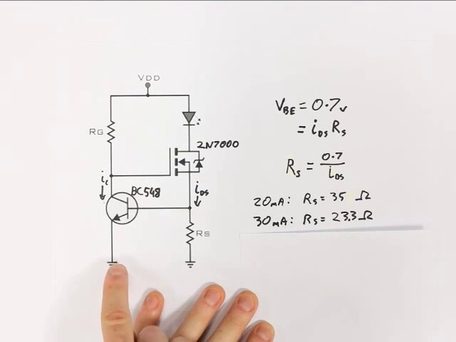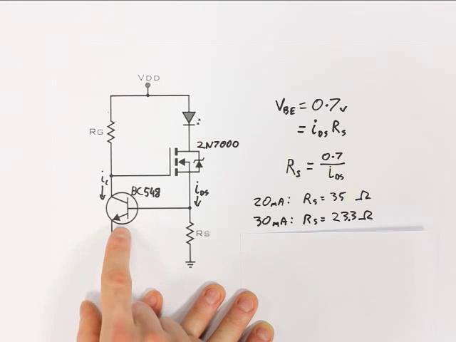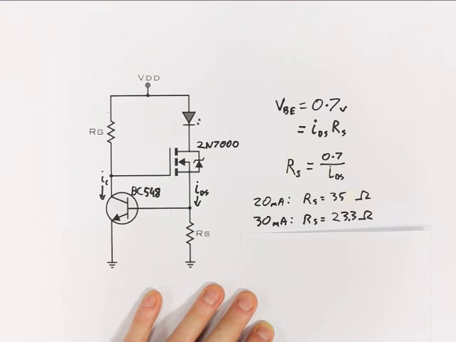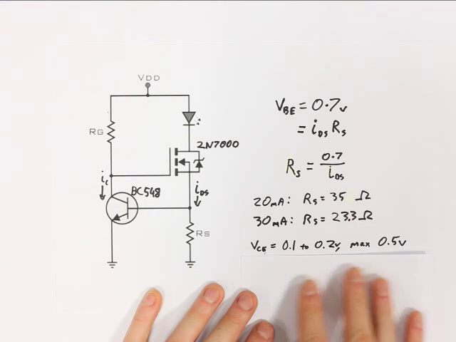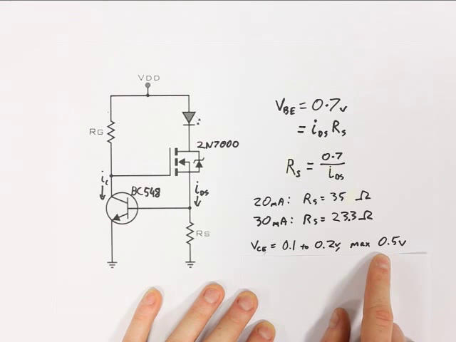Now let's look at this other branch of the circuit for a second. First of all, I want to know what the voltage across this BJT will be when it's wide open, just to make sure that it can actually shut off the MOSFET. According to the BJT's datasheet, the VCE at saturation will be 0.1 to 0.2 volts, or a maximum of 0.5.